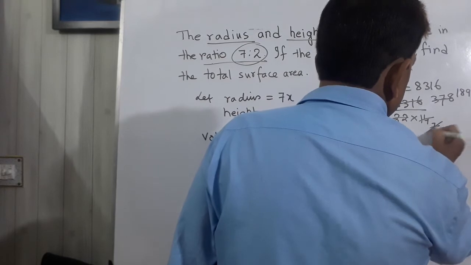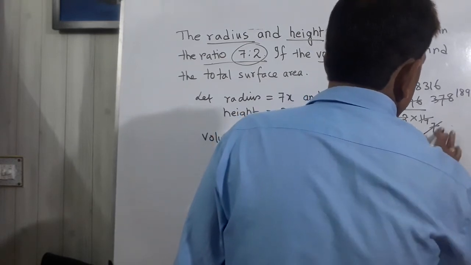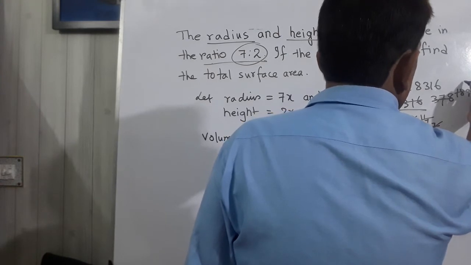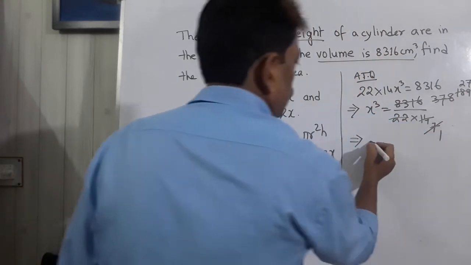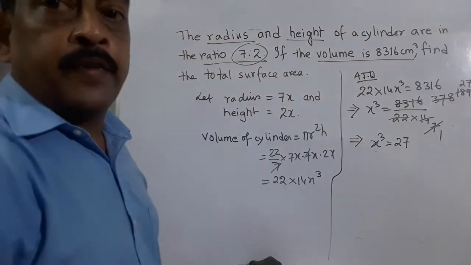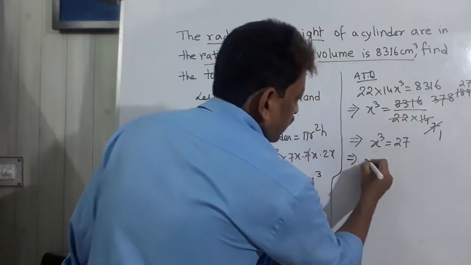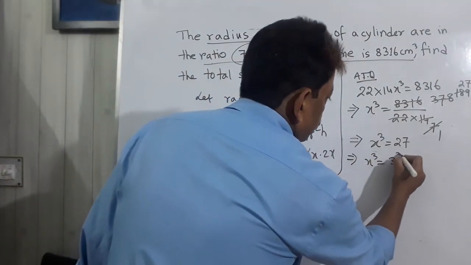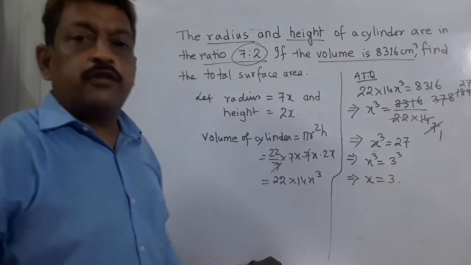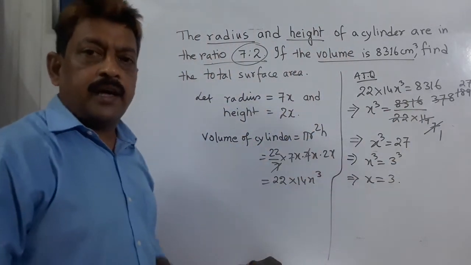So this cuts 1, and 7 times 27 is 189. So x cube is equal to 27, which implies x cube is equal to 3 cube. That means x is equal to 3. So we have got the value of the constant x as 3.